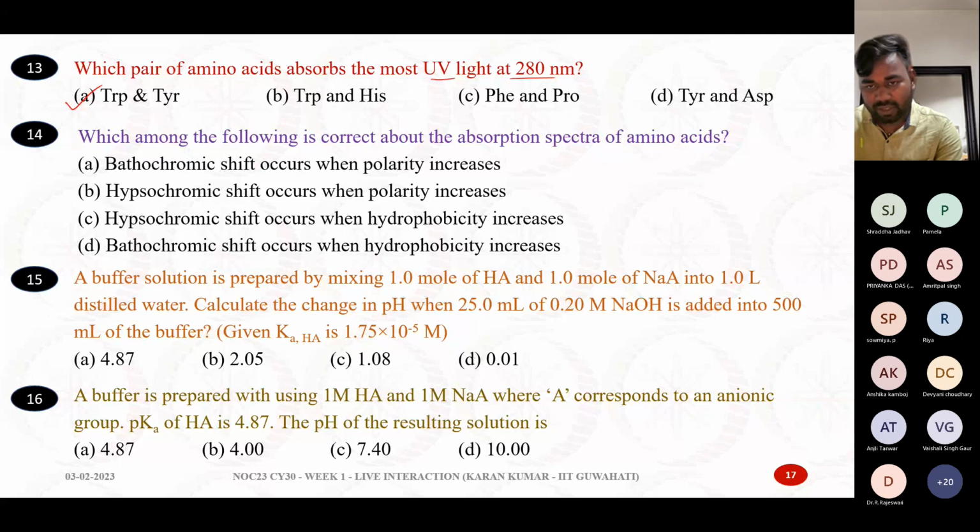So why is proline not giving UV light absorption? It also has a cyclic structure. Resonance. Resonance, very good. And why does resonance participate in this absorption of UV light?